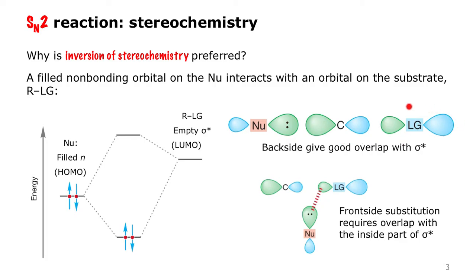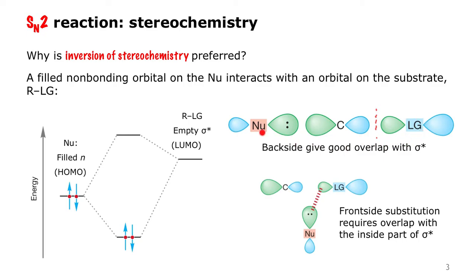So this pair of orbitals you see here corresponds to the antibond with its node here between the carbon and the leaving group. When the nucleophile interacts with that substrate, it does so by a pair of electrons in some orbital on the nucleophile, and it turns out that the greatest overlap can occur with this lobe of the antibond, and that lobe is on the opposite side of the carbon from where the leaving group is.